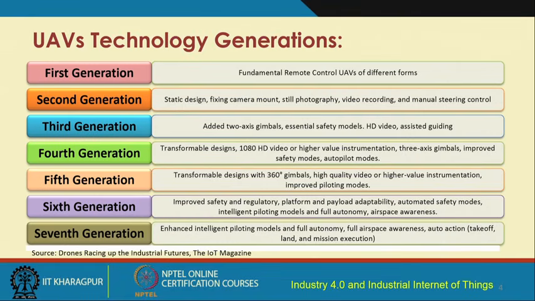So, let me now quickly run you through some of the other concepts. These are the 7 generations of the transformation of UAVs. That means the UAVs have gone through 7 generations. The first generation UAVs had fundamental remote control of different forms. Then came the second generation UAVs, which had a static design, a fixing device for camera mounting, for taking still photography, video recording, manual steering control, and so on.